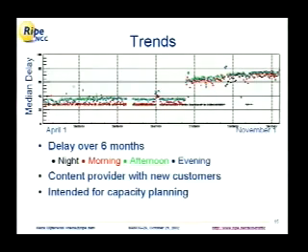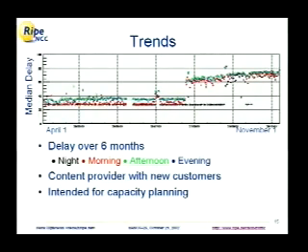Another thing we've added is trends, and this is my favorite example. What we do is look at delays over long times. This is a plot for one of our sites over a 6-month period from April 1st to November 1st last year.